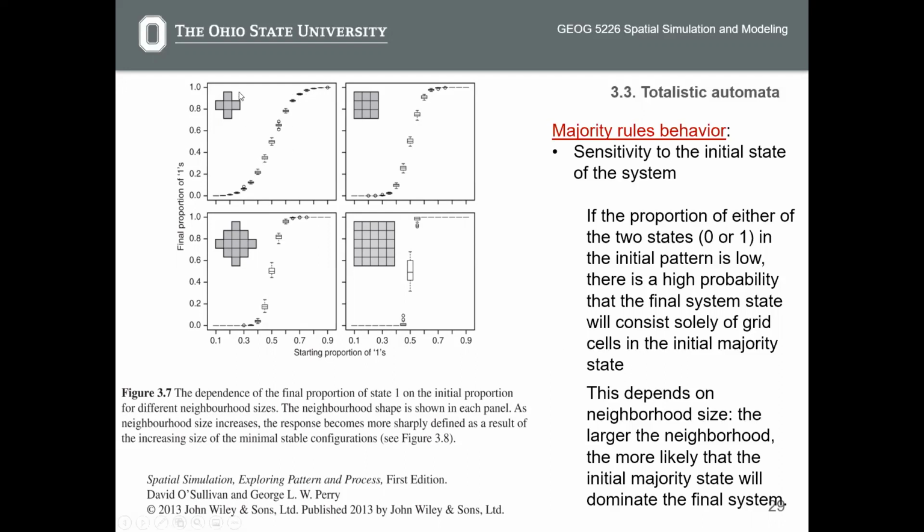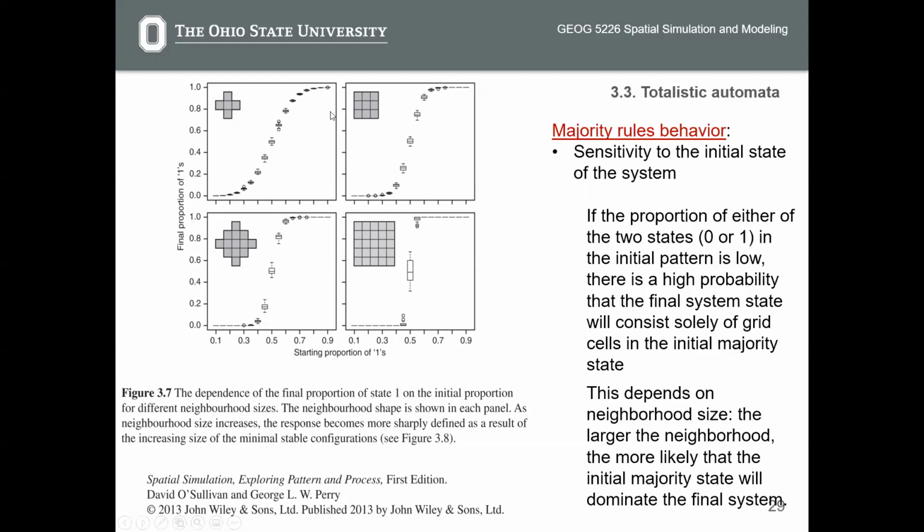Okay, and here at least, from 0.1 to 0.4, it's possible that the proportion of ones will increase. To be dominant in the final state, not possible, but if the proportion of ones is 0.4, in the end, one could exist, could survive, right? Even if the proportion is 0.2.